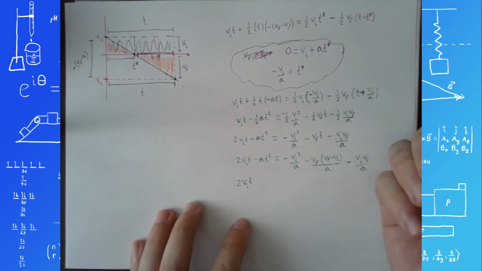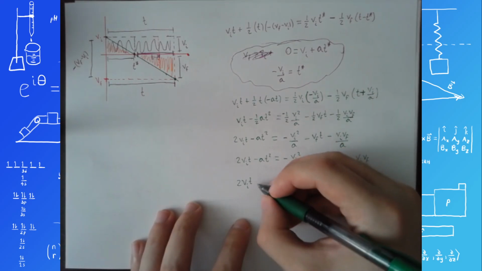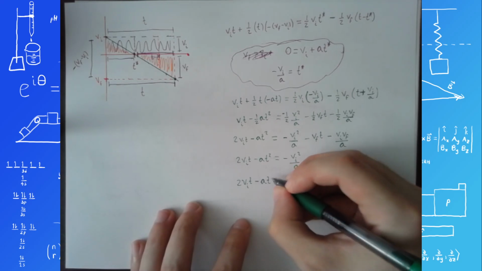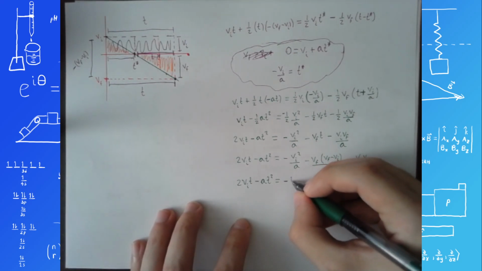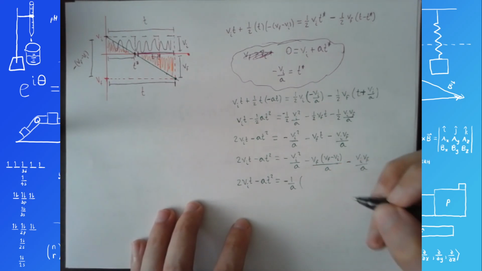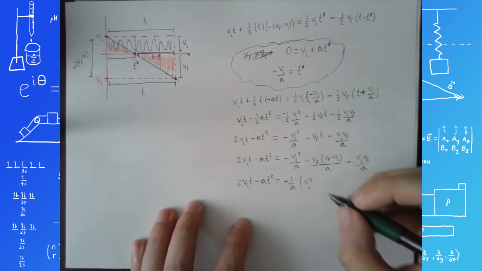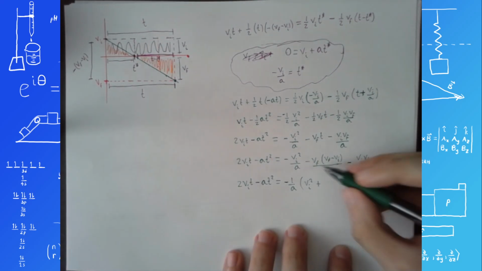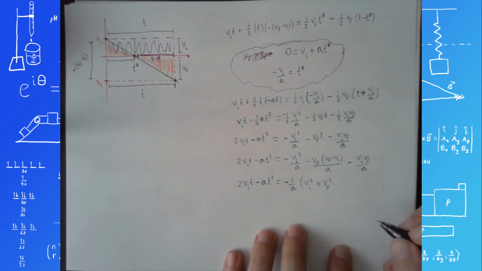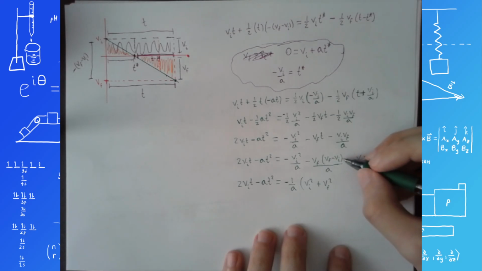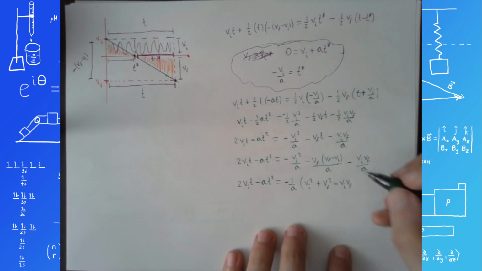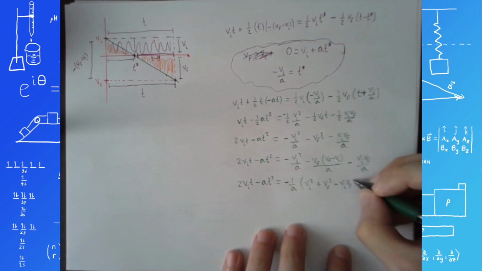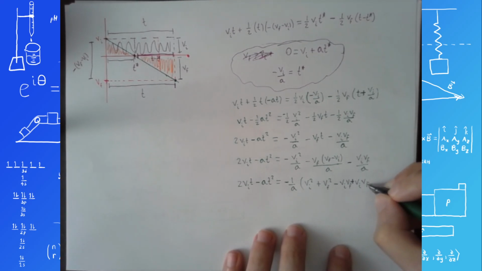Actually, wait. You know what? I'll factor out the 1 over a on the right-hand side. Minus a t squared equals, in fact, I will factor out negative 1 over a, times v initial squared plus v final times v final is v final squared, and v final times negative v initial is minus v initial v final, and then plus, because I factored out the negative, v initial v final, plus v initial v final.